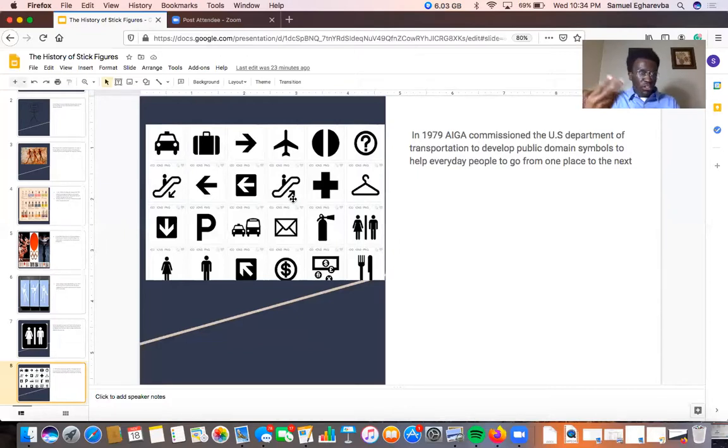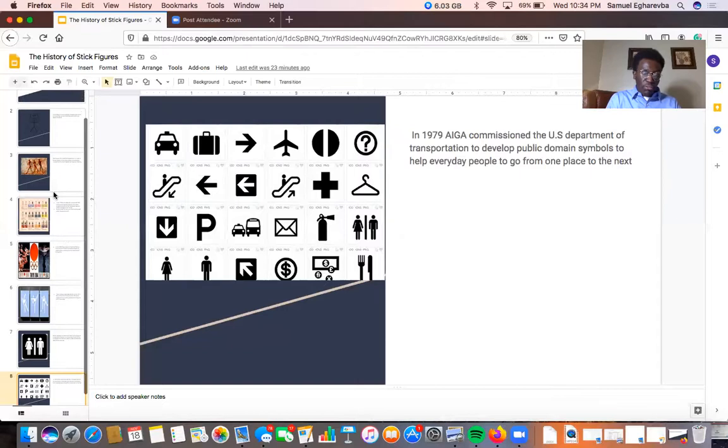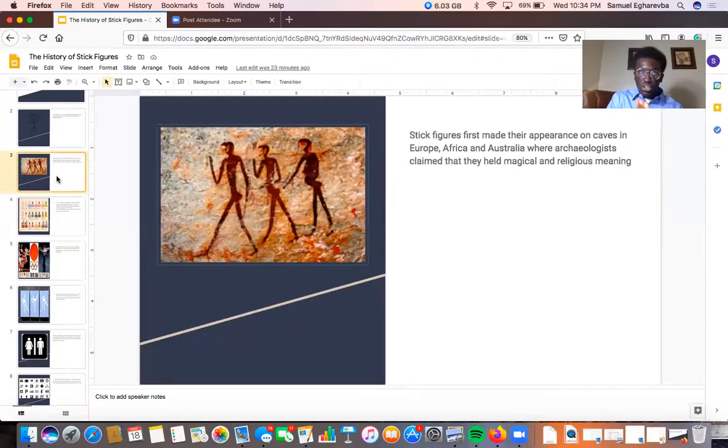So it really has just become this universal language that we all use today, and this all started from this initial petroglyph that we first saw 50,000 years ago in caves in Europe, Africa, and Australia.